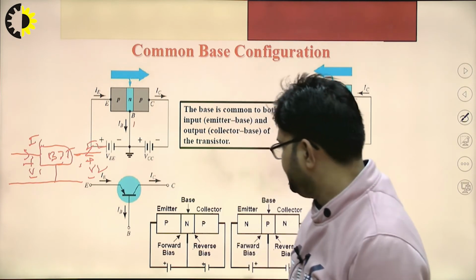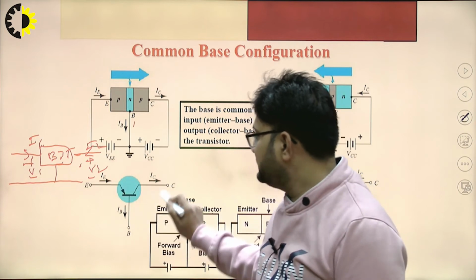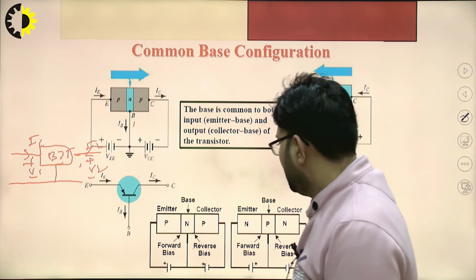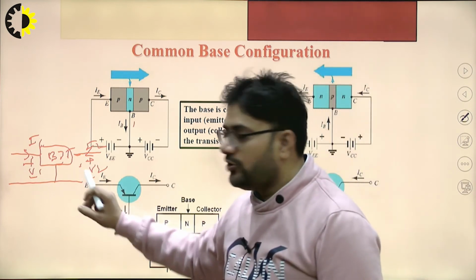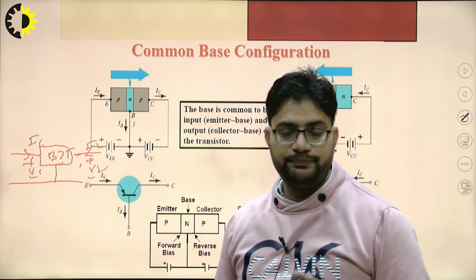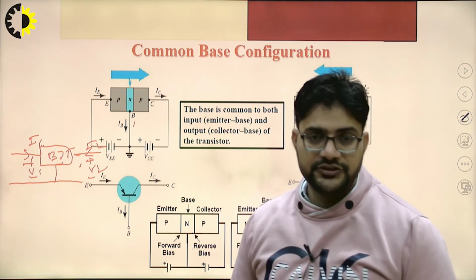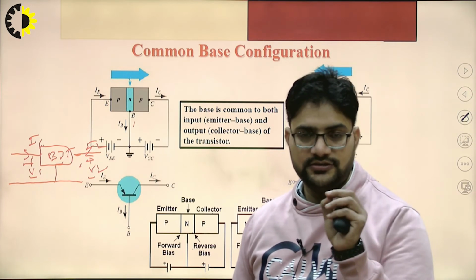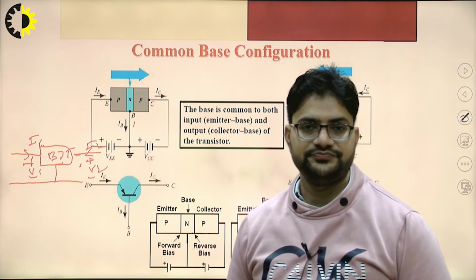Now from this diagram you can also notice that IE is equal to IC plus IB, that we discussed in the previous slide. So for the common base configuration, if I want to plot the input characteristics, first we should know what is the input voltage and what is the input current for the common base.